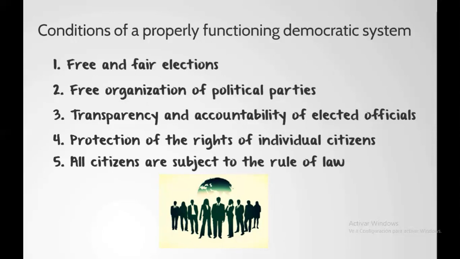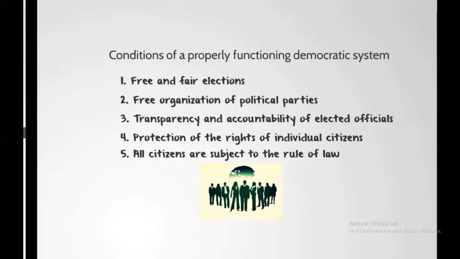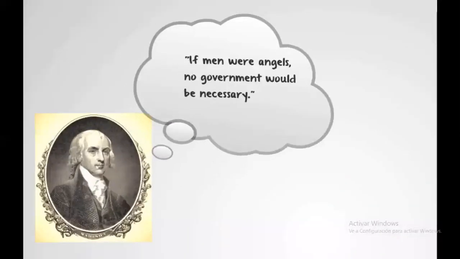Governments are in place to protect and uphold these freedoms, and in so doing, society will function at the highest level possible. As American founder James Madison famously said, quote, "If men were angels, no government would be necessary," end quote.